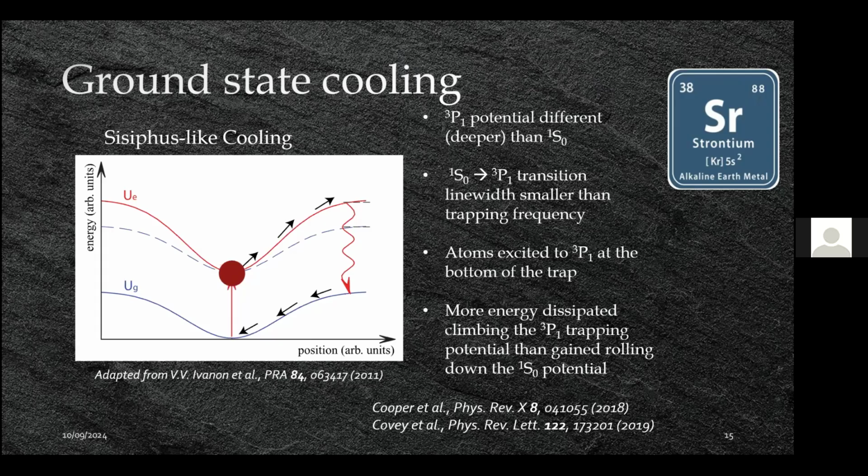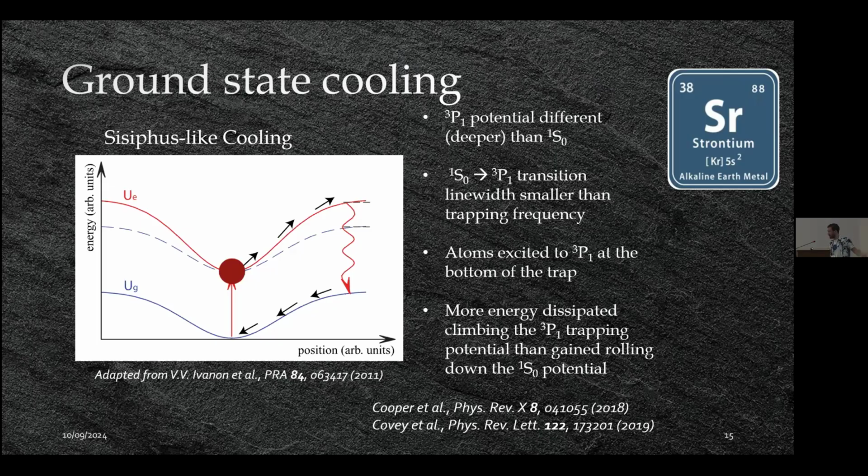Let's remember Sisyphus was this hero in Greek mythology. He was doomed by Hades to roll a giant boulder up a steep hill again and again and again. So basically, our atom will do the same.